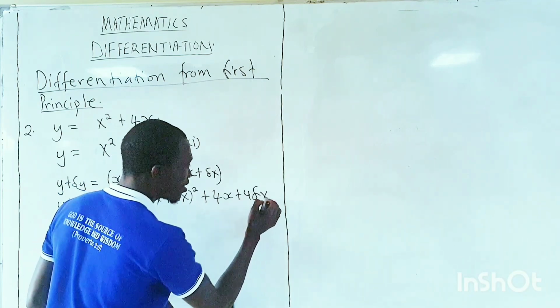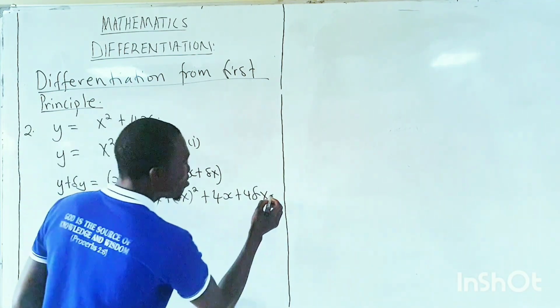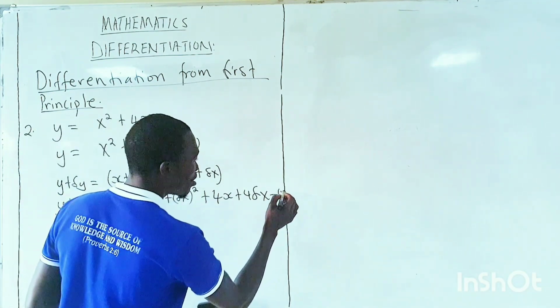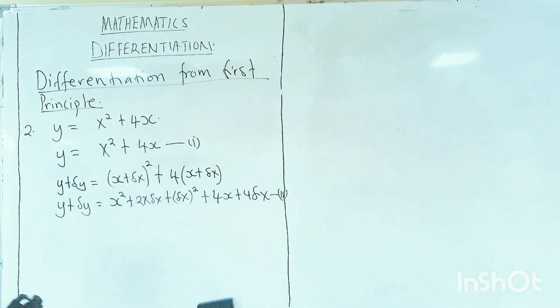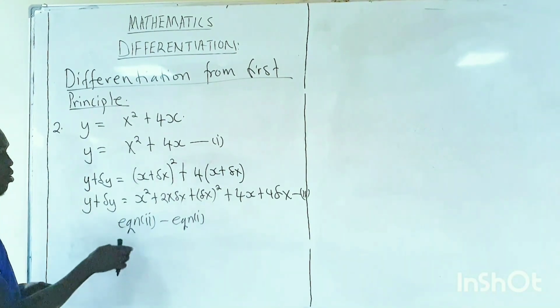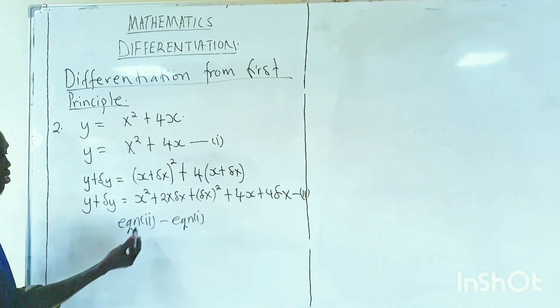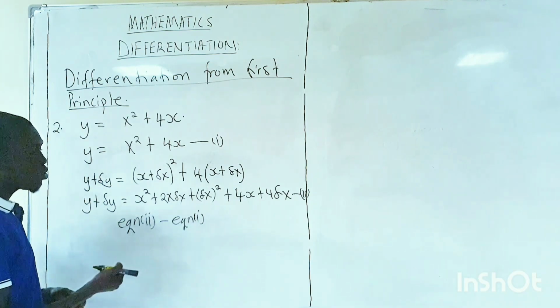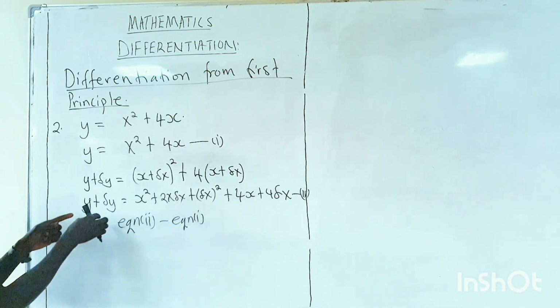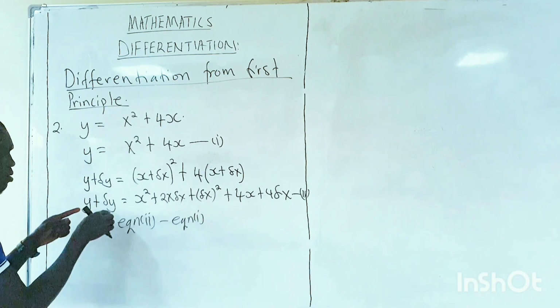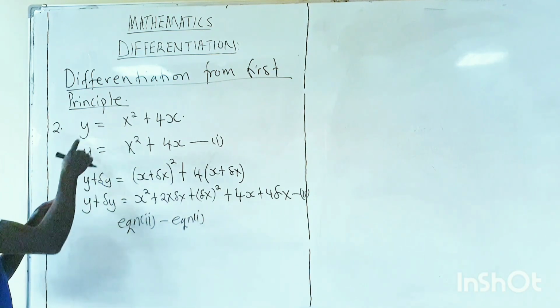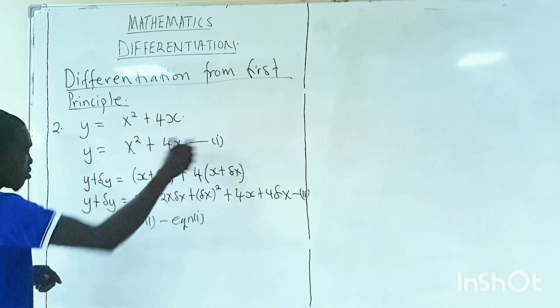Then if we name this equation 2, we are going to have equation 2 minus equation 1, meaning what is on this side, we subtract what is on the right hand side of equation 1.